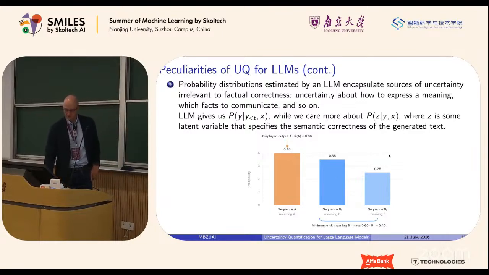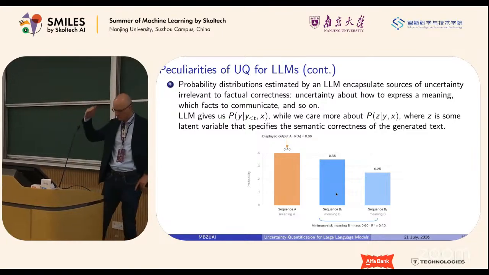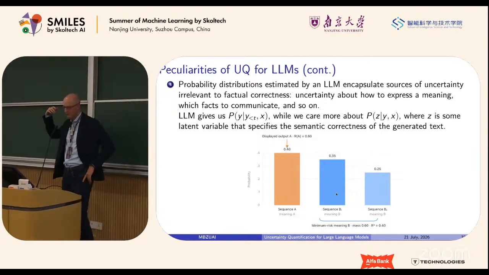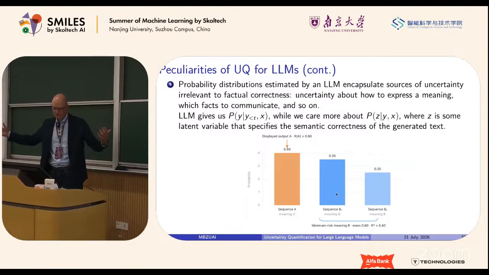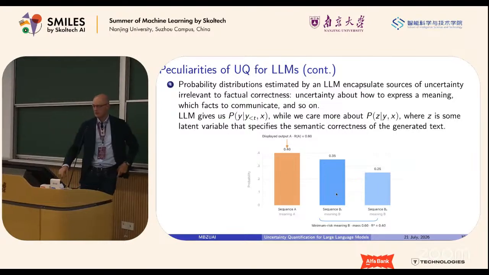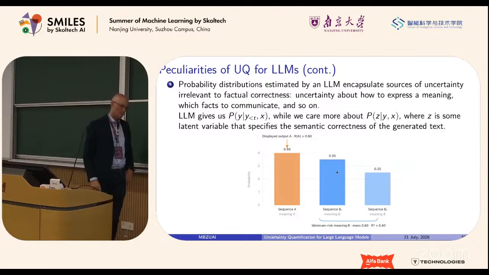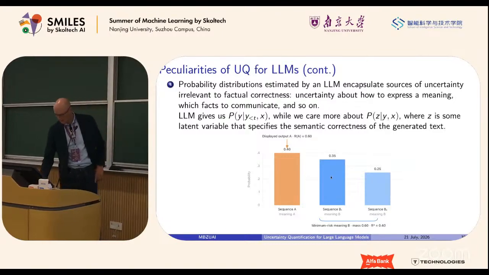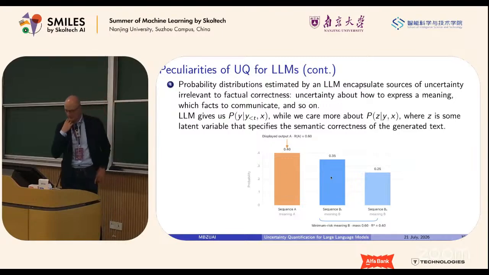In that case, despite the fact that the most probable sequence is A, together the generations from the language model that have maybe lower probability have more probability mass than the first answer. So according to your Bayes risk, the sequence B1 might be way better than the sequence A, which has the highest probability.